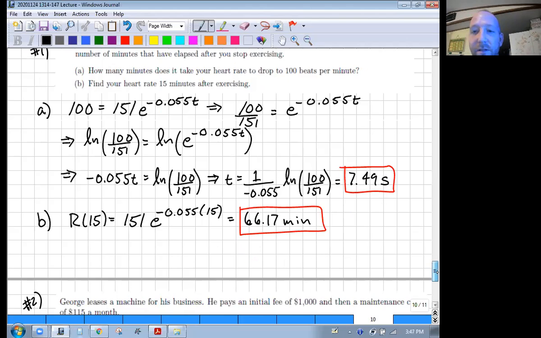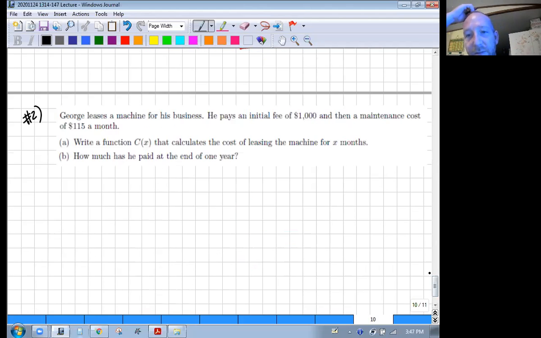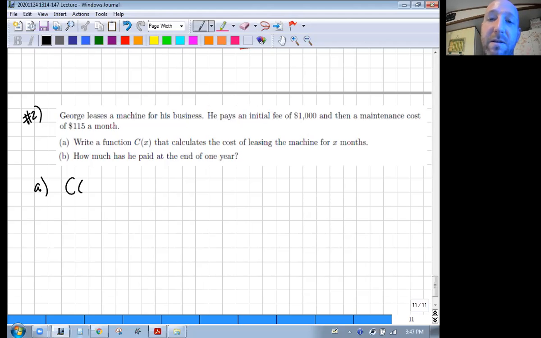All right, let's look at number 2. George leases a machine for his business. He pays an initial fee of $1,000 and then a maintenance cost of $115 a month. So A, write a function C of x that calculates the cost of leasing the machine for x months. So the cost after x months, well, he pays $1,000 initially.